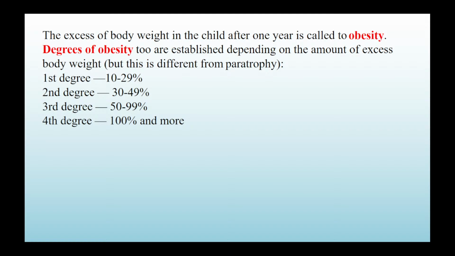The first degree is from 10 to 29%, the second degree 30 to 49%, the third degree 50 to 99%, and the fourth degree 100% and more increase in body weight than normal.